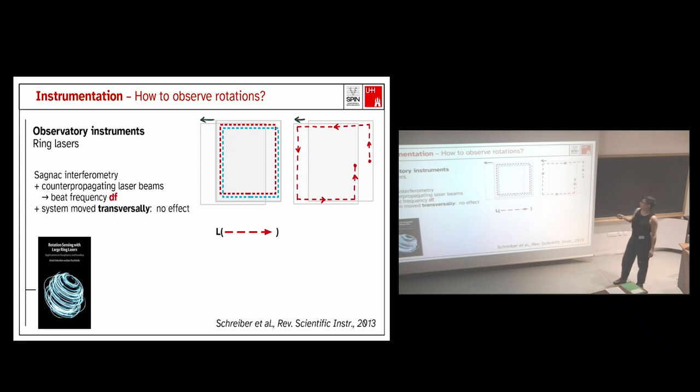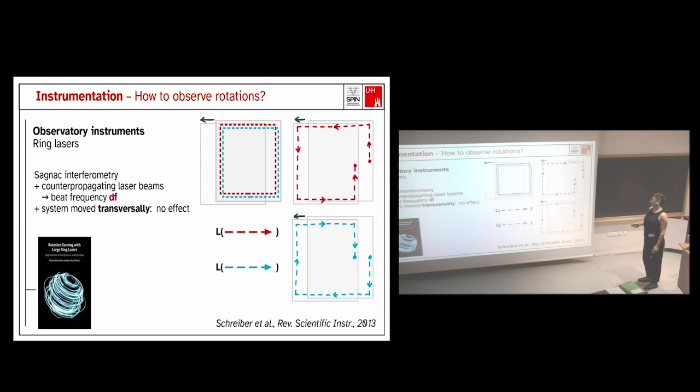For the laser beam going in the other direction, it's the opposite effect, but the net result is the same. So you don't have a change in the path length between the two laser beams, which means that the interference frequency of that light stays the same. So the beat frequency stays the same. All right, is that clear?